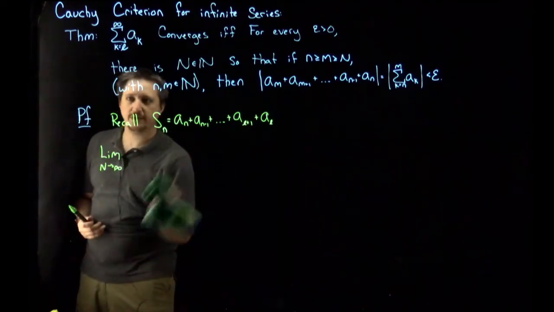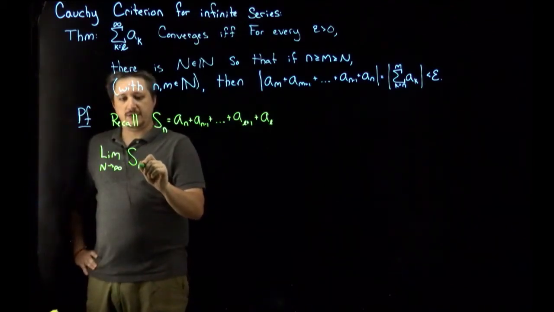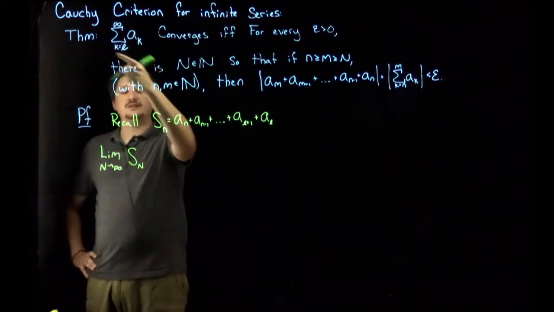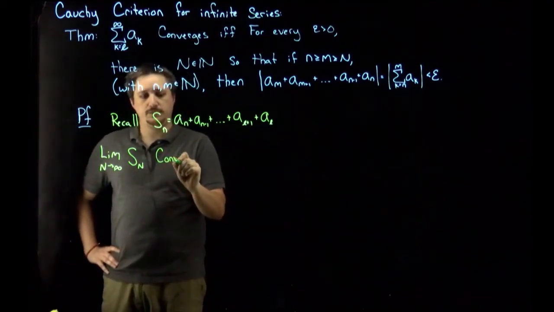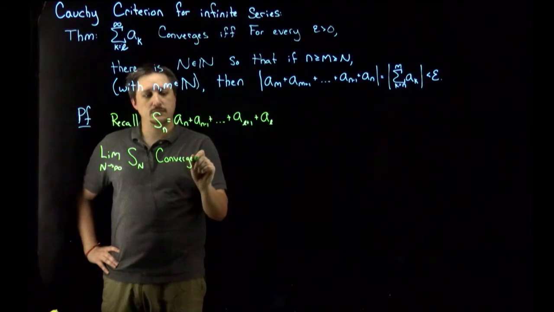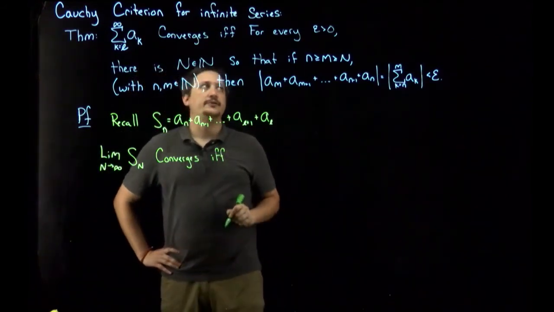I don't know if you can see that on there, but smudges everywhere. Sorry, so capital N, right? This was exactly what it means for this to converge, that this thing converges if and only if what?